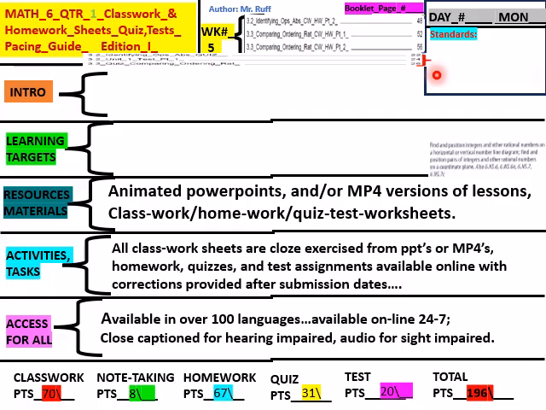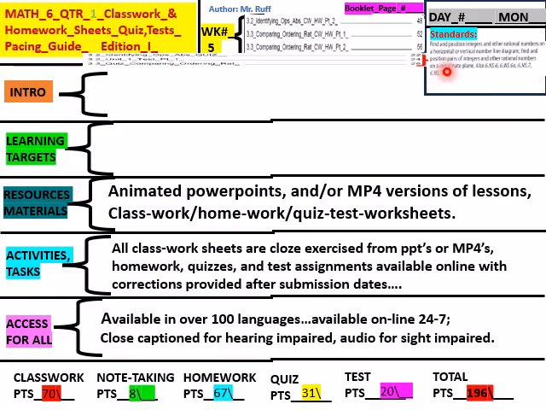Our standards for week 5. And we got standards here that are find and position integers and other rational numbers on horizontal or vertical number line diagrams.